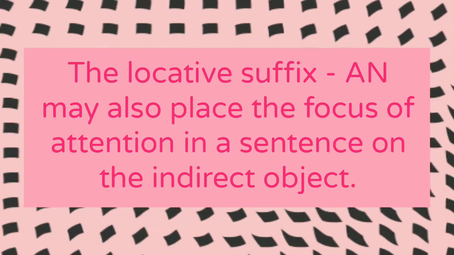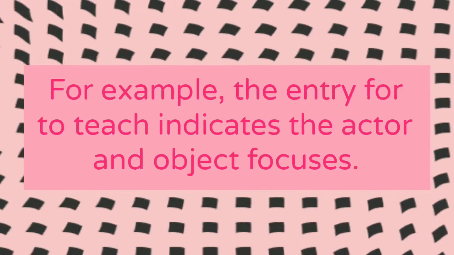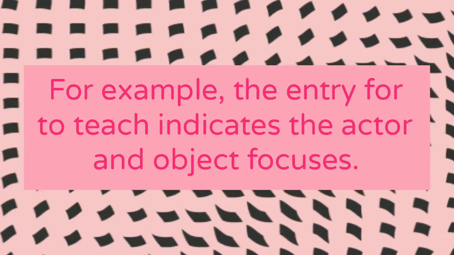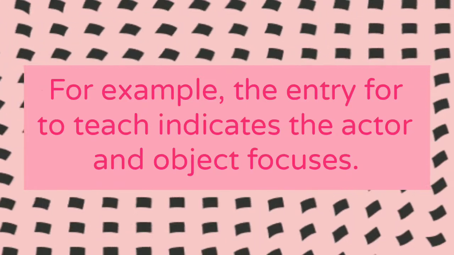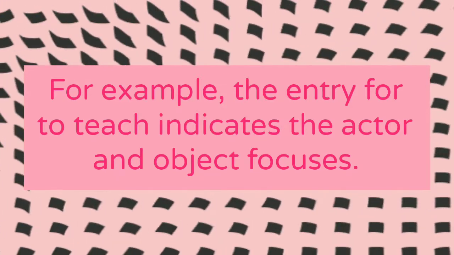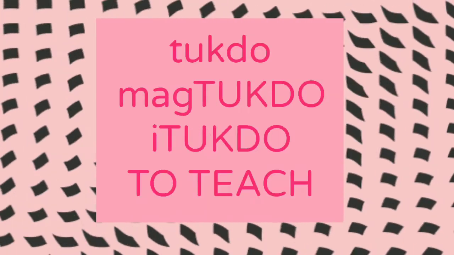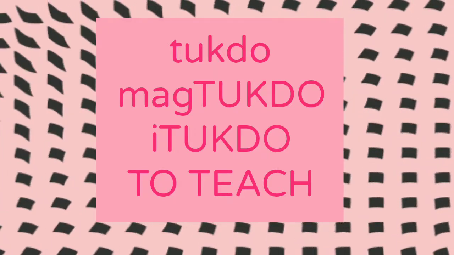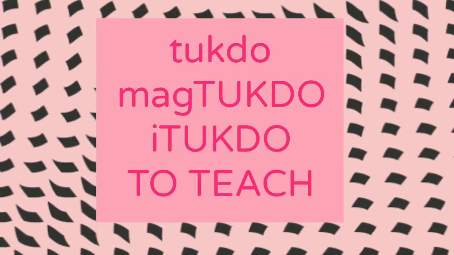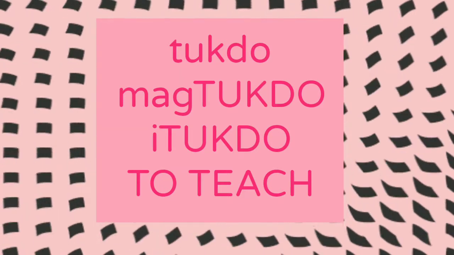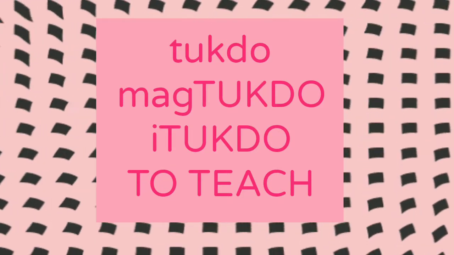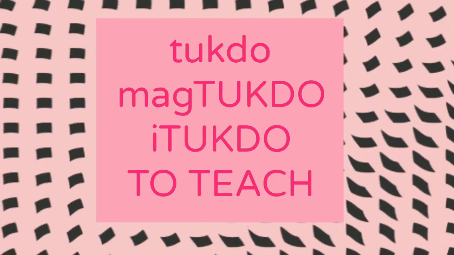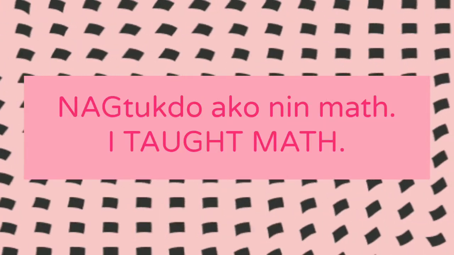The locative suffix an may also place the focus of attention in a sentence on the indirect object. For example, the entry for to teach indicates the actor and the object focuses. Tukdo, magtukdo, itukdo, nagtukdo ako ning math.